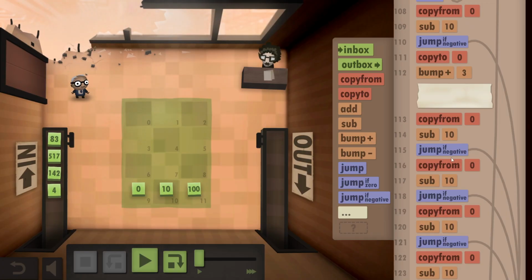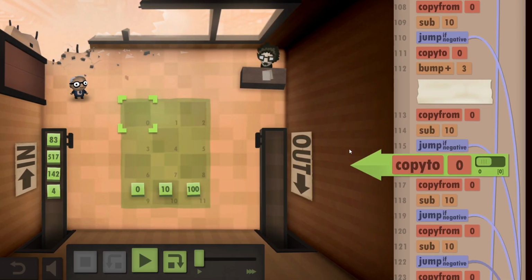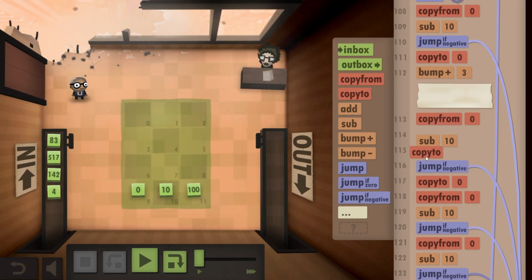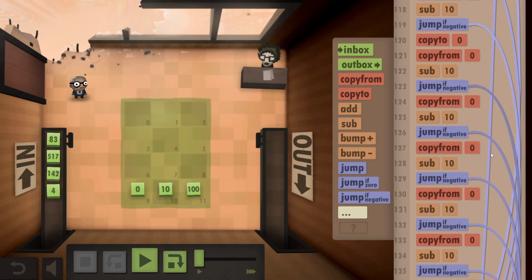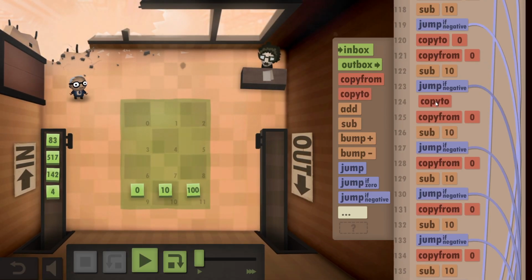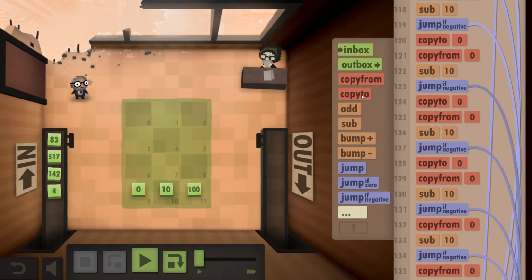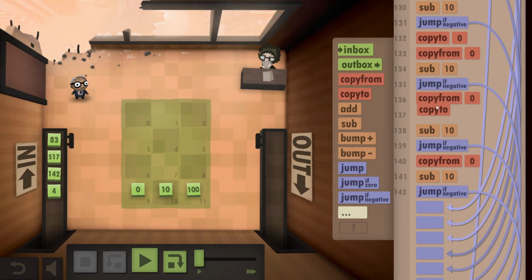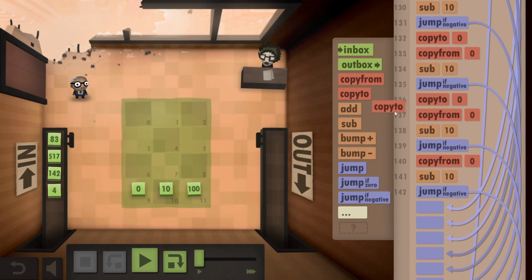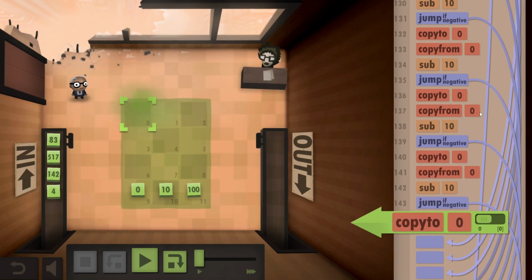Okay, now after each jump we need to do copy to 0. Each jump.